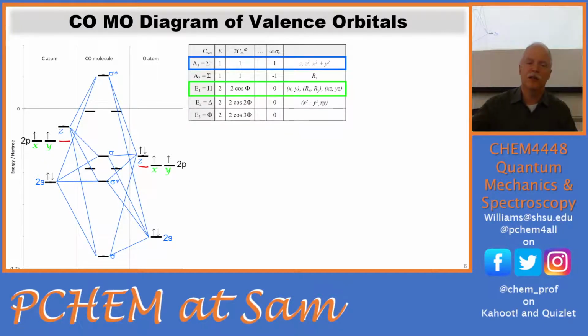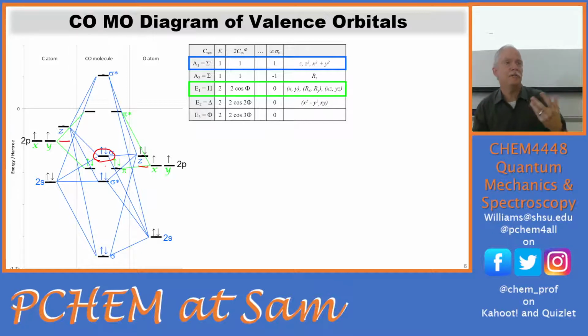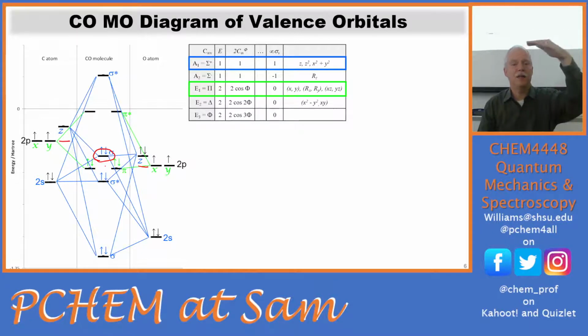And so it's the location of this one right here. The px and py make the pi bonds. When that one's above those pi bonds, we're calling it sp mixing, and when that sigma level is below the pi bonds, then we don't have sp mixing. And so we're seeing some sp mixing here.